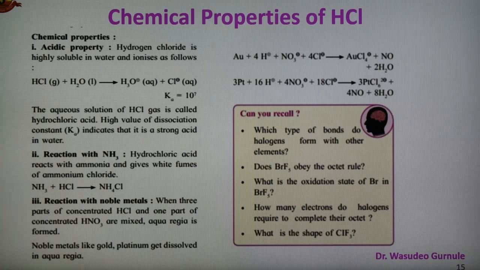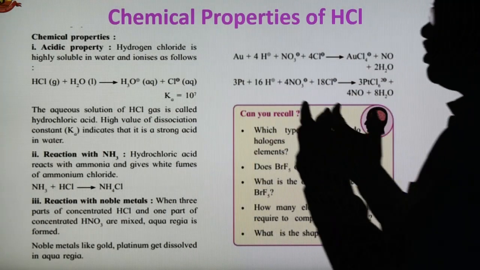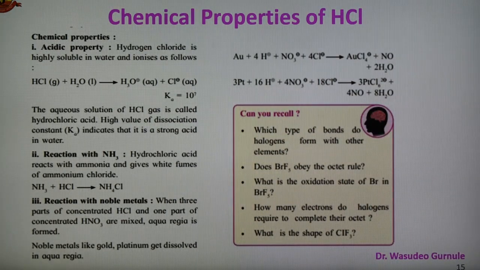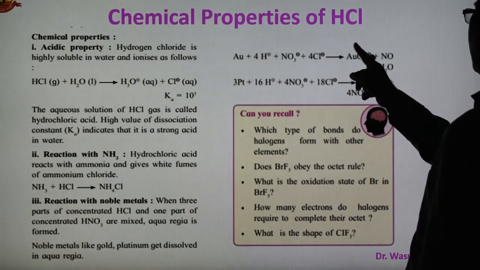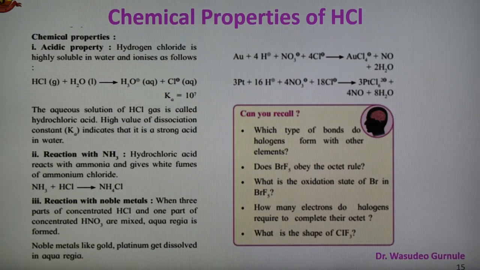When we make this ratio of these two strong acids, we get aqua regia, which dissolves compounds that are not otherwise dissolving. Gold dissolves in aqua regia, platinum also dissolves, forming this type of compound. So these are the 3 important properties of HCl.